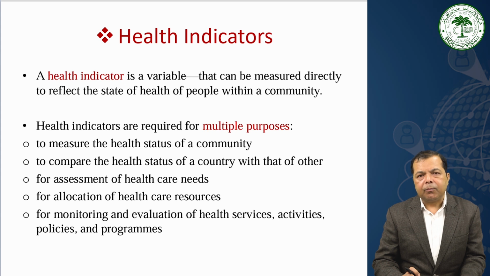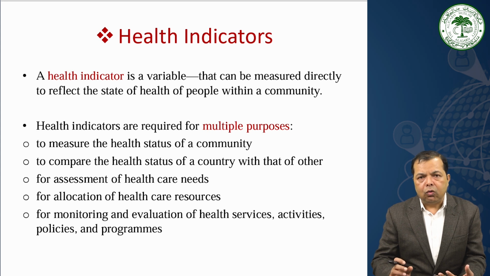Basically, health indicators are the popular terms that we frequently use whenever we talk about health or, for that matter, development. One very important health indicator is life expectancy. Everybody is talking about that. That has become an important indicator of development, not only in terms of health, but overall development, or for that matter, infant mortality, etc.